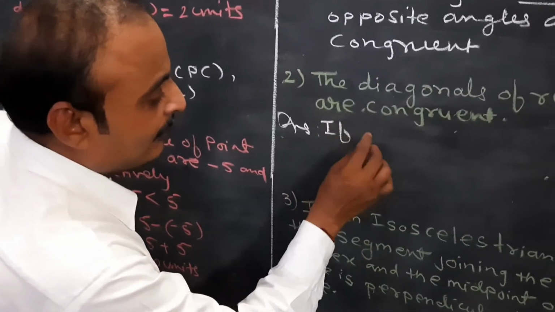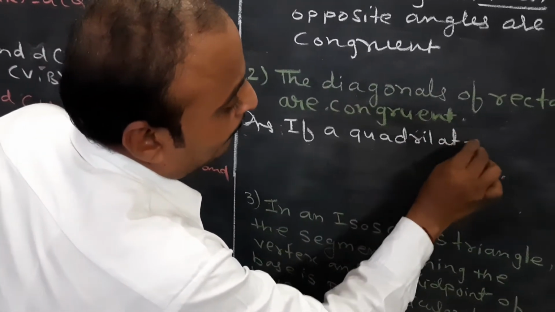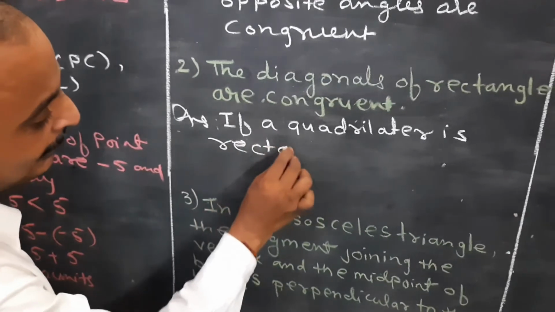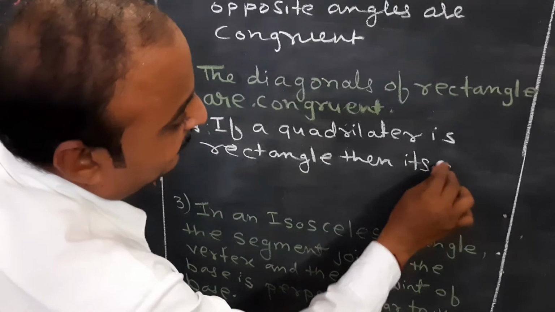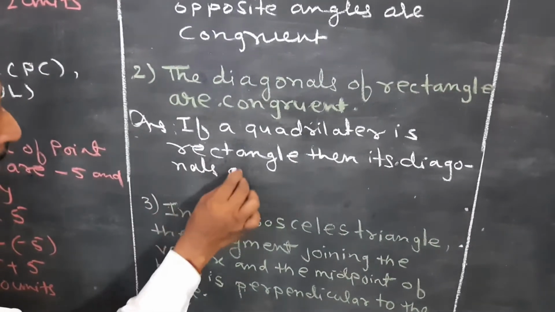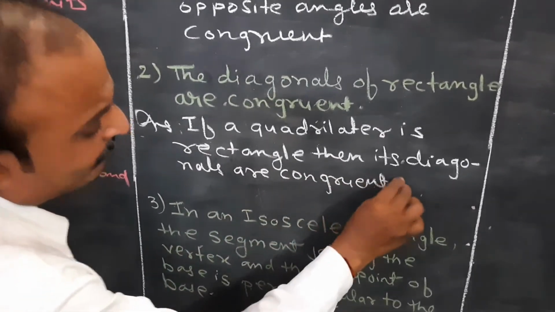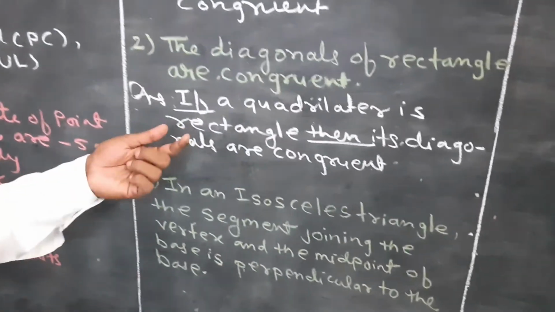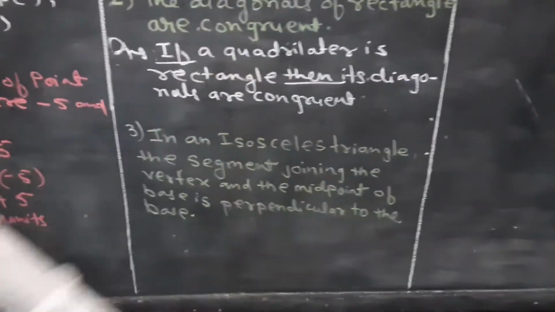So, if a quadrilateral is a rectangle, then its diagonals are congruent. Finished. You can see here if and then. So if you are using if and then in the same sentence, it will become your conditional form.